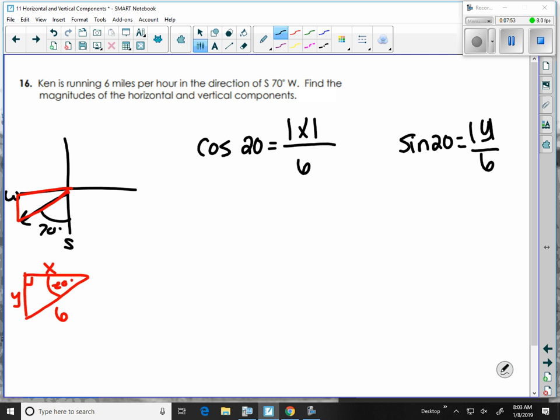Most of the time that's going to work out that way. Okay, so to solve for our cosine, how are we going to get x by itself? Yep, multiply by 6. So in your calculator, you do 6 cosine 20.